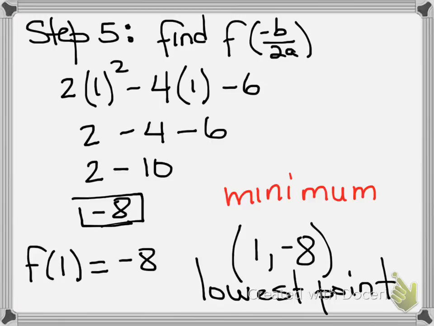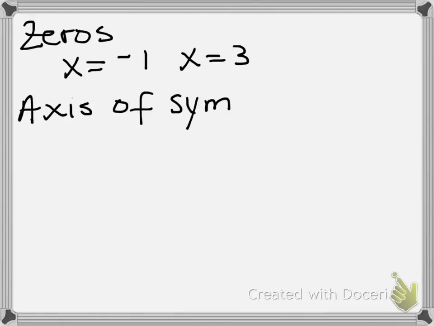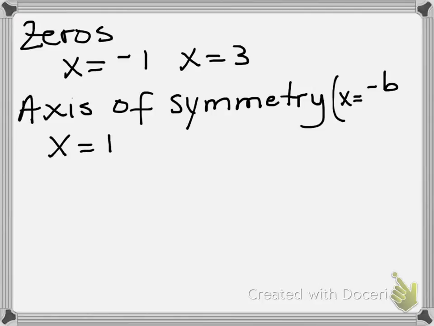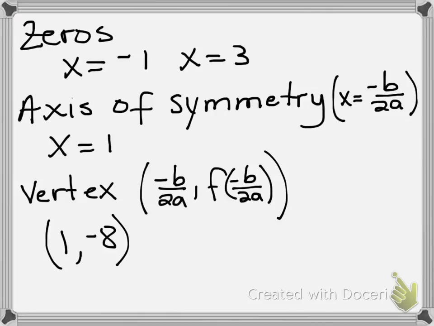Okay? Now, this is what we've done so far. We found the zeros, which was negative 1 and 3. We have found the axis of symmetry that was equal to x equals 1. And the vertex is what we just talked about, the lowest point on this particular graph, 1 comma negative 8.